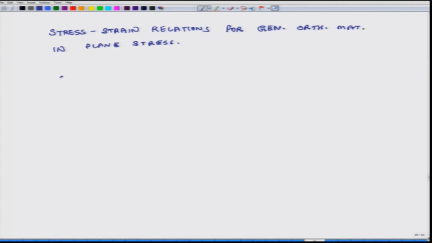First, we write an expression for sigma xy. This is equal to the inverse of T1 times sigma measured in the LT coordinate frame. Now I am going to express sigma LT in terms of strains.